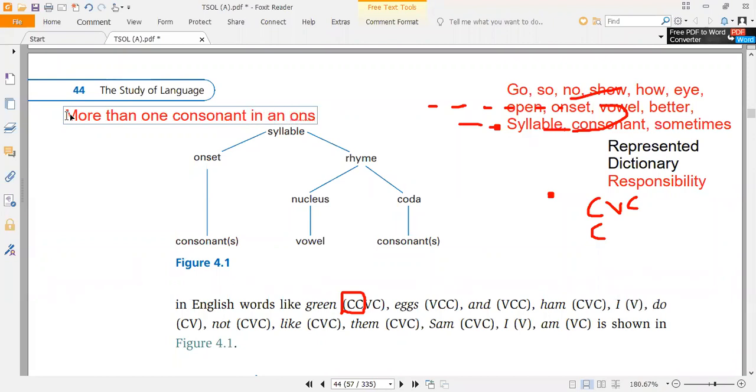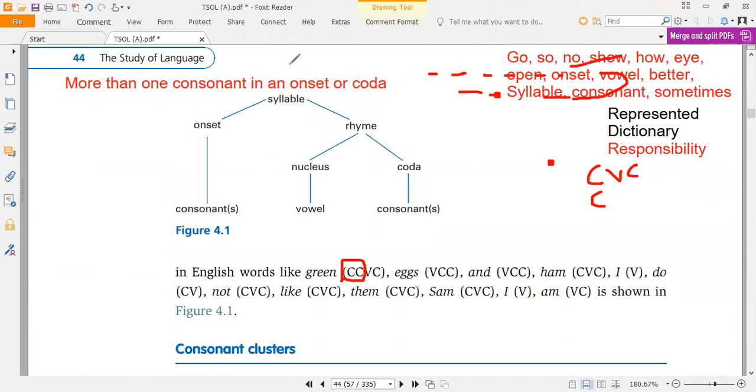More than one consonant in an onset or in a coda is called a consonant cluster. When we say CVC, then it's fine, but if it is CC, then this is called a consonant cluster. There can be three as well, as in the words street, stride, strike.